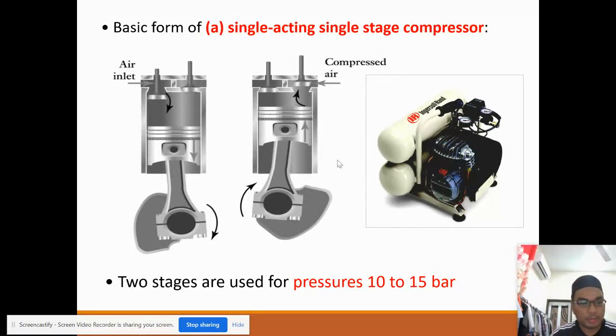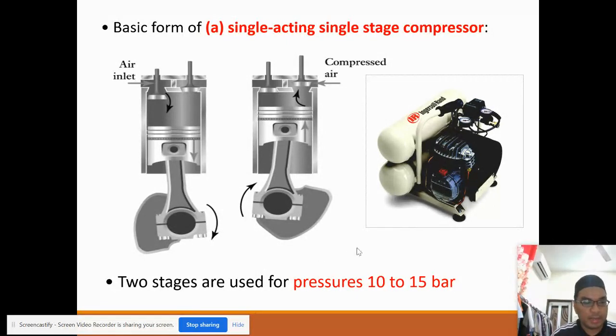Basically this compressor can produce about 0.02 to 600 cubic meters per minute of air flow rate.